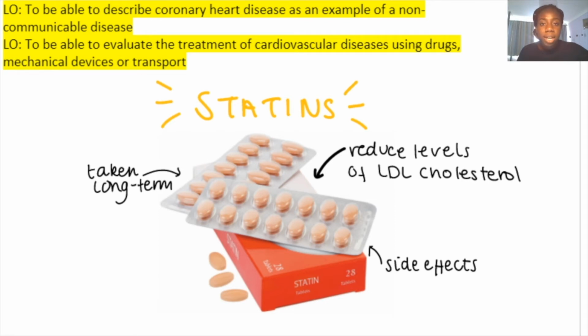So this type of drug is usually taken long term as it slows the rate of deposition of fatty material and plaques within the arteries. However, they do have certain side effects such as dizziness, headaches, and nausea, which also have to be weighed up when deciding to prescribe these to someone.